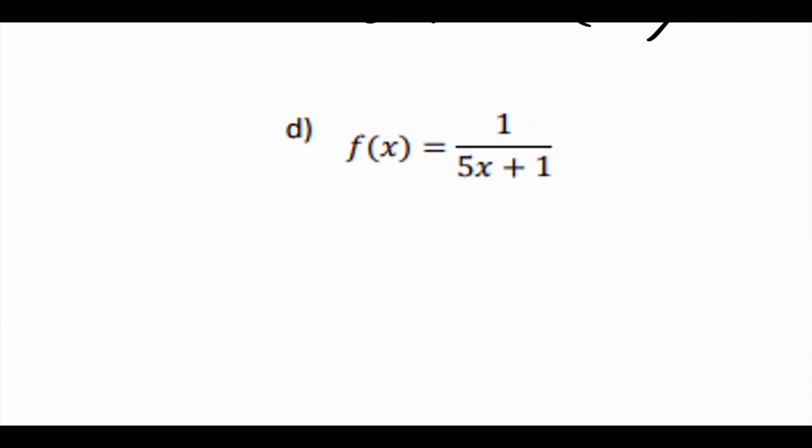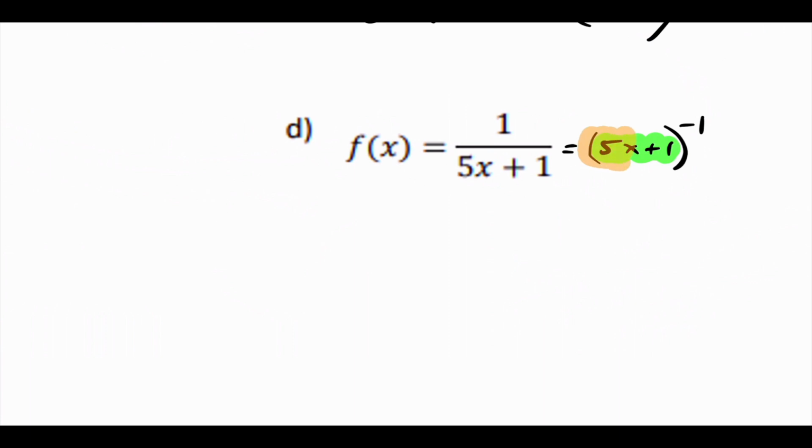So if it's written like that, we're going to use the quotient rule. But I can also write this as that without a fraction. So if I write it like that, it becomes a chain rule problem where the inside is 5x plus 1.